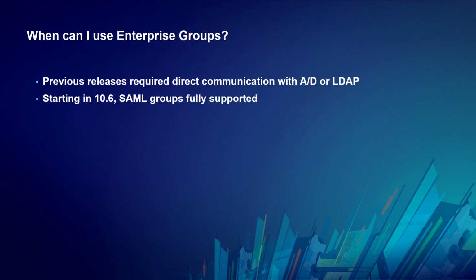So, like I said, previous releases for enterprise groups required direct communication with Active Directory or LDAP. Starting in 10.6, SAML groups are supported. So with SAML groups, the group membership is actually passed down inside the SAML assertion, or the communication that's passed back to the browser and back to Portal.